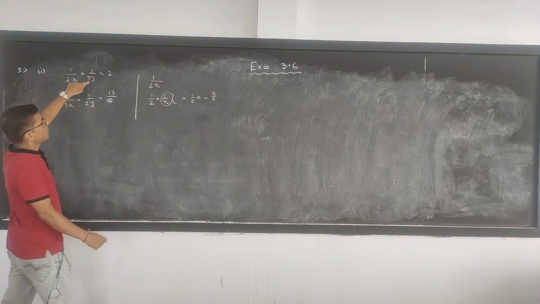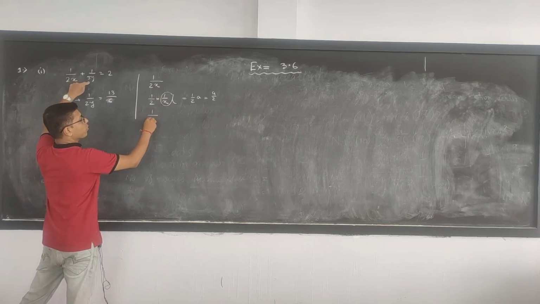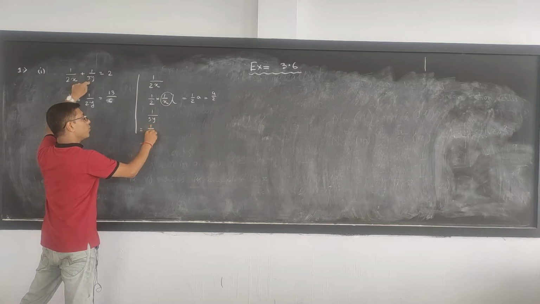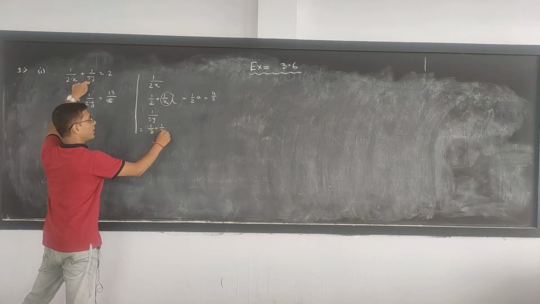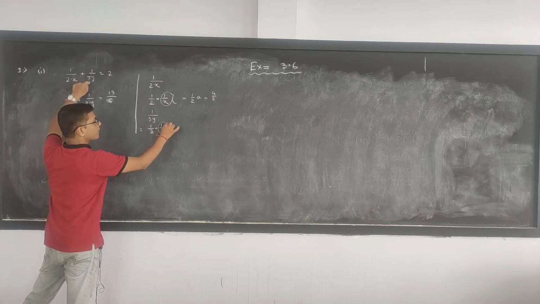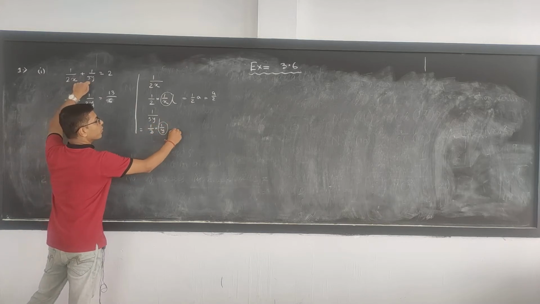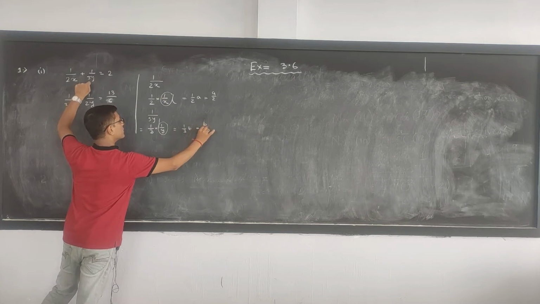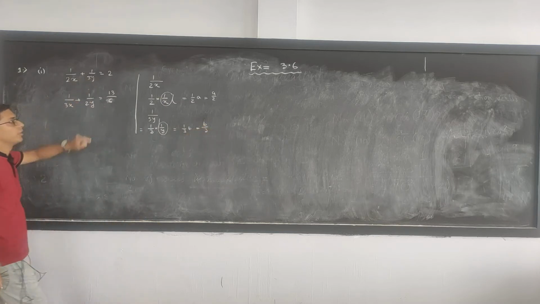Similarly, 1 by 3y, if you break it as 1 by 3 into 1 by y and consider 1 by y as b, then it is 1 by 3 of b, written as b by 3.